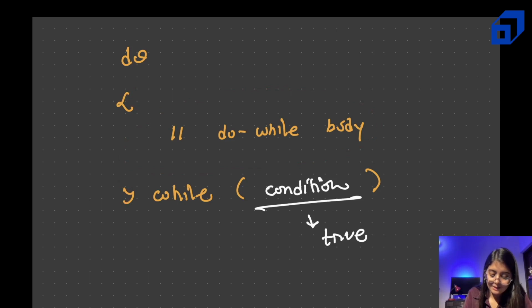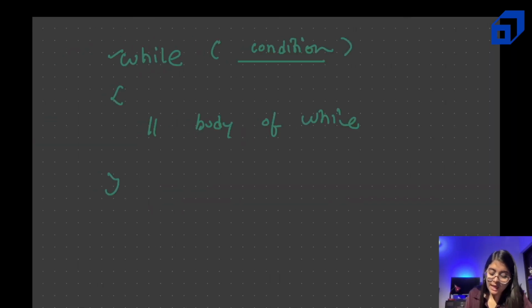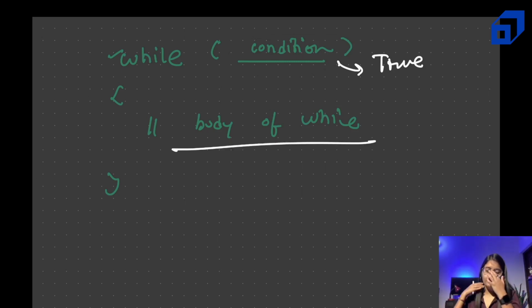All these statements from here till the end, whatever is written here, you have to keep running, keep iterating while this condition holds true. If it is true, then keep iterating. And in the while loop case, we have the condition check in the beginning only. We check if it is true or not in the starting. If the condition is true, then only we enter the body of the while loop.